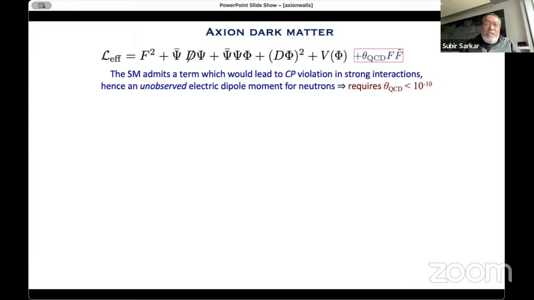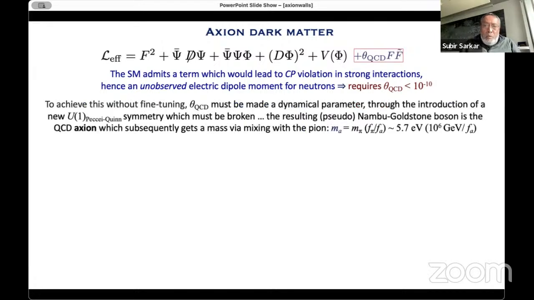And it is that fine tuning, which must be exact to 1 part in 10^10, which is problematic. We cannot possibly accept that it is something that can happen unless there is some symmetry giving rise to it. And that is why the proposal by Peccei and Quinn to make this a dynamical parameter, so that it has a potential and relaxes to zero dynamically, was so well received.